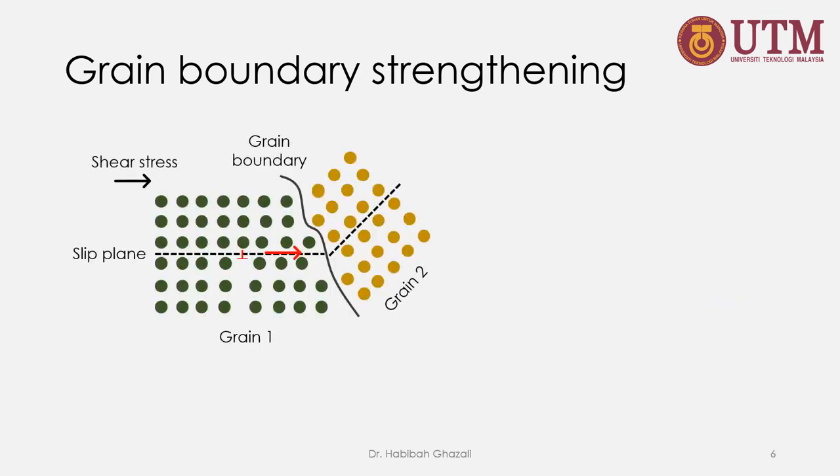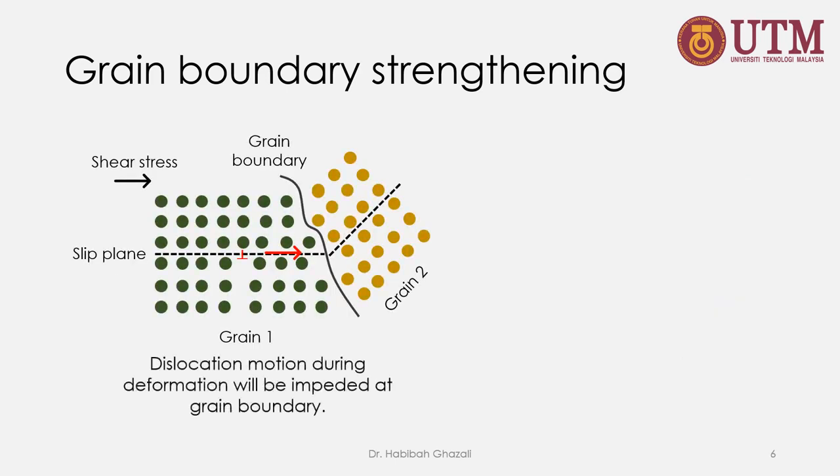During deformation, dislocation motion will be impeded at the grain boundary. As you can see in this schematic, when shear stress is applied to this material, this edge dislocation will try to move in that direction.